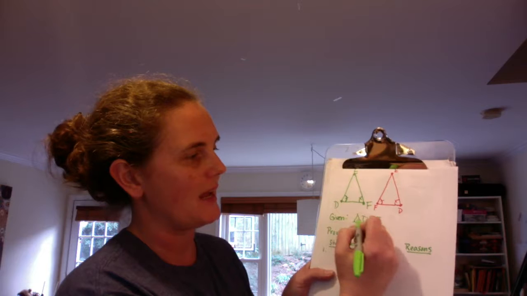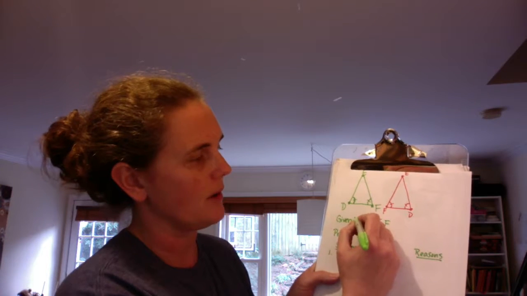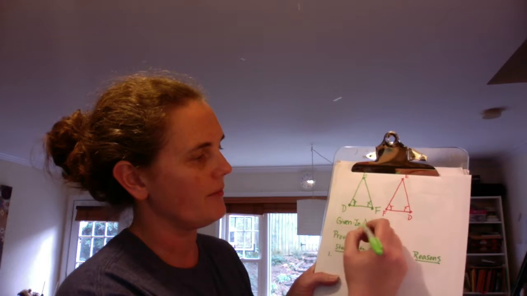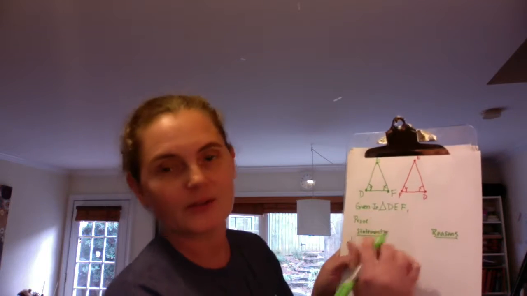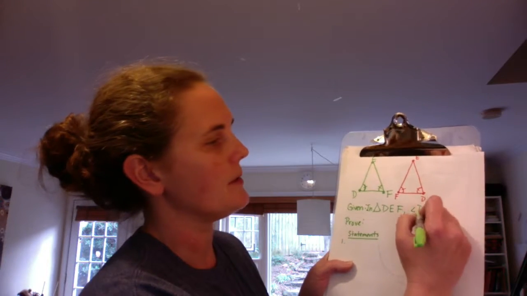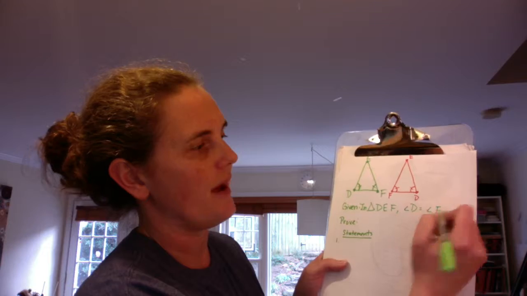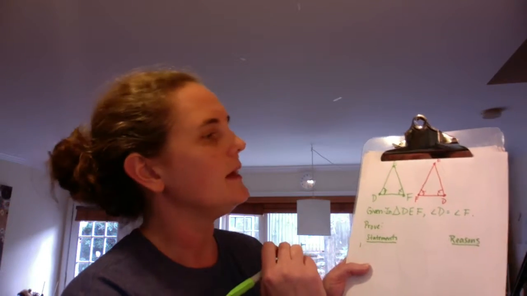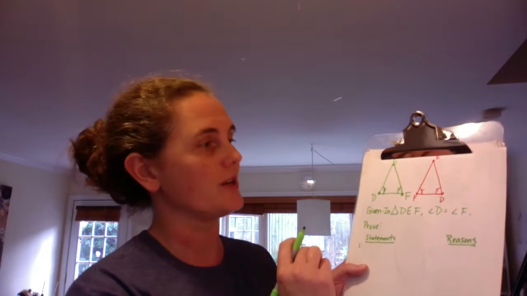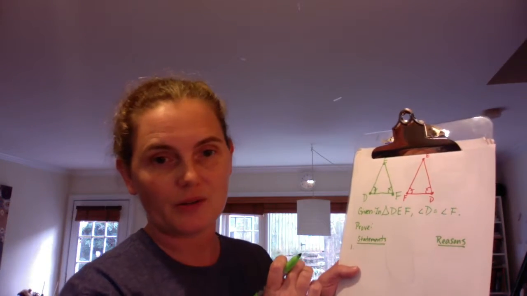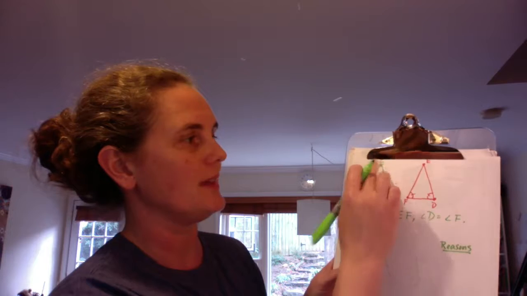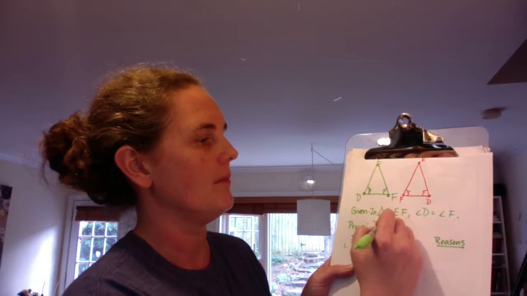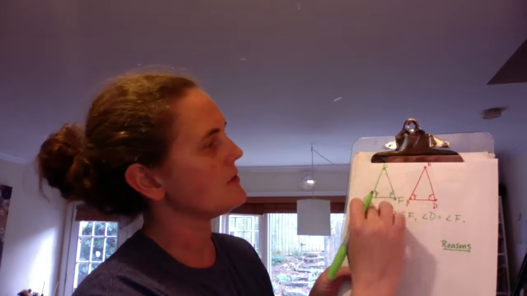In triangle DEF, these two angles are equal, so the measure of D is equal to the measure of F. That's all we're given for this one, period. What are we trying to prove? We are trying to prove that the sides opposite them are also equal, so we're trying to prove that DE equals FE.